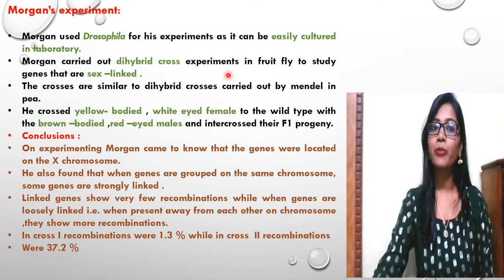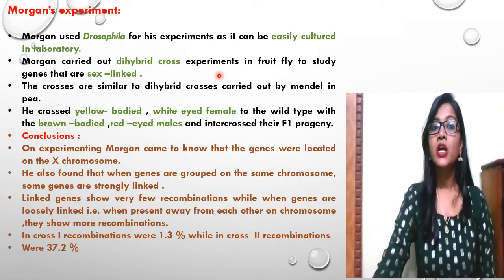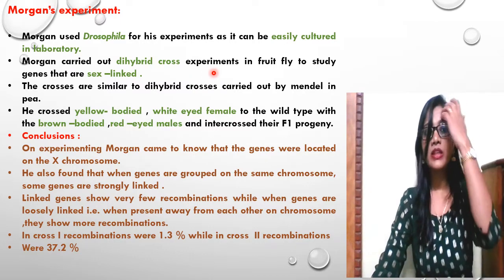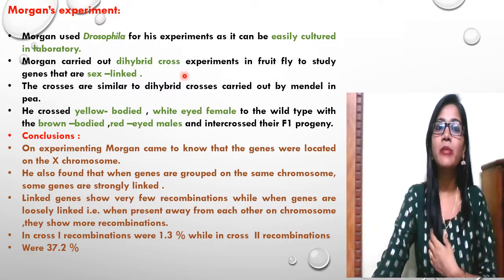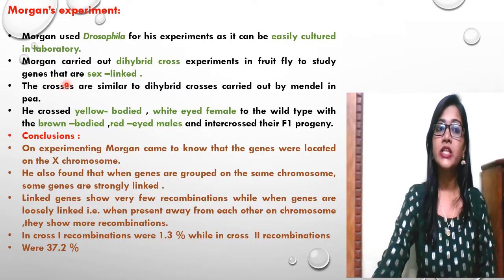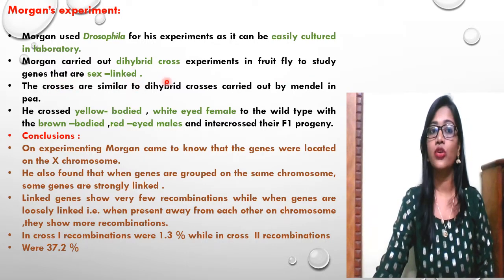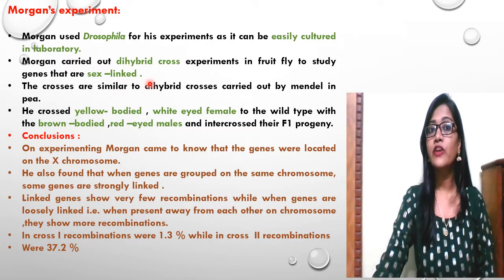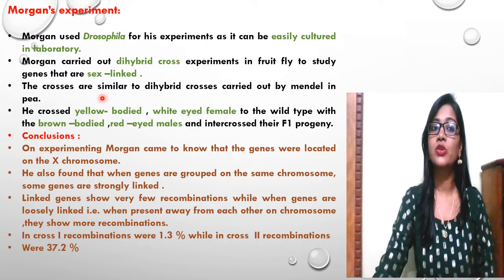He carried out dihybrid crosses in the fruit fly to study whether genes are sex linked or not, whether they are linked with the X or Y chromosome or not.